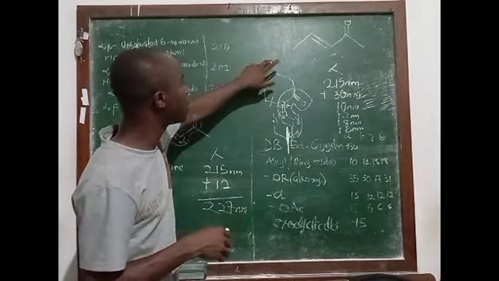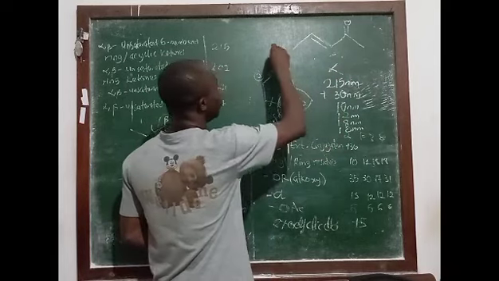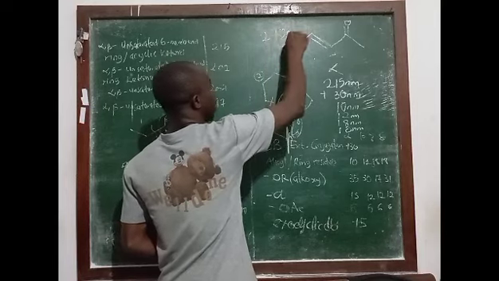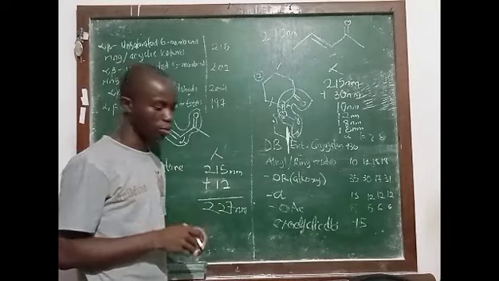And that means the lambda max value for this compound, summing all of these together, will give us 290 nanometer. So that's the maximum absorption wavelength for this particular compound.